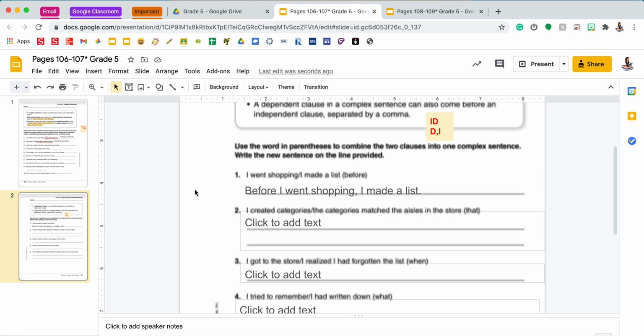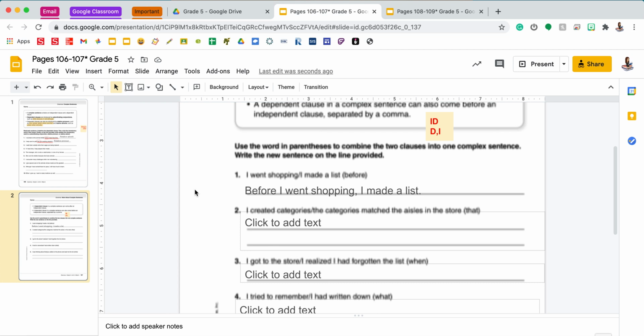Let's look at number 2. The clauses are I created categories, and then the categories matched the aisles in the store. I need to decide whether I'm putting that at the beginning of this or in the middle. So that I created categories, the categories matched the aisles in the store, or I created categories that the categories matched the aisles in the store.